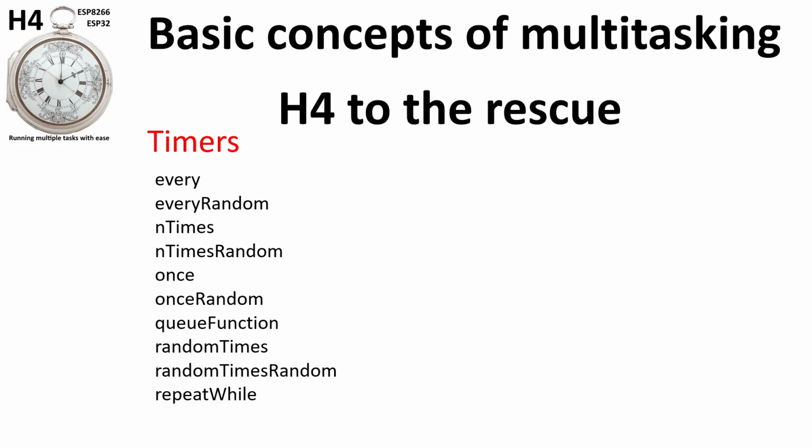It's got a very useful function called repeat while, which will do a big loop of things that would normally take a long time. And remember those asterisks? Even though you can do those without crashing, it's not a good idea to. You still can cause problems if you write bad, long, slow code in an H4 timer callback function.